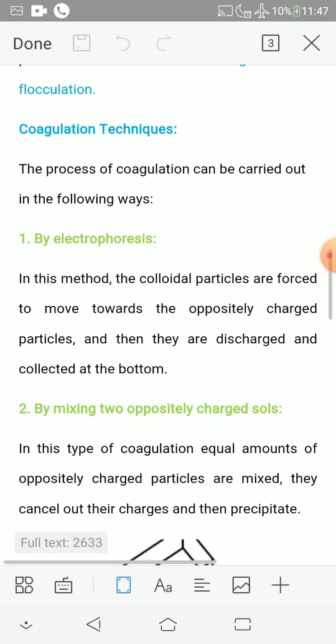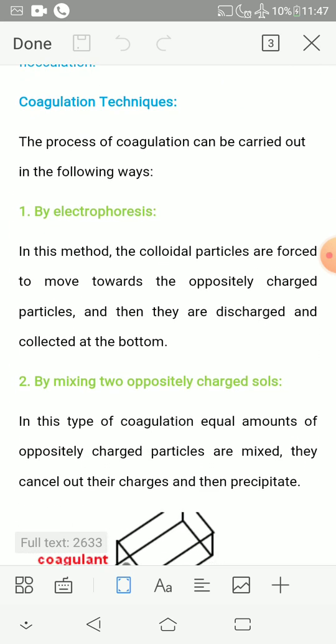Now, the techniques of coagulation. The process of coagulation can be carried out in different ways. First, by electrophoresis. By using electrophoresis, you can coagulate the particles of a colloidal solution.